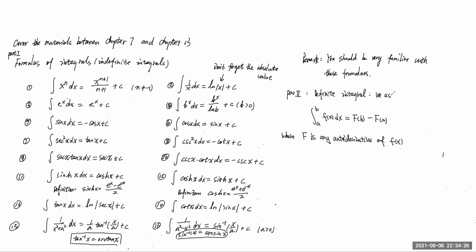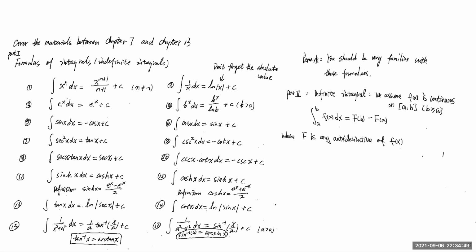Here we have an assumption: we assume f(x) is continuous on the interval [a, b]. Of course, b is always greater than or equal to a, that's our notation.